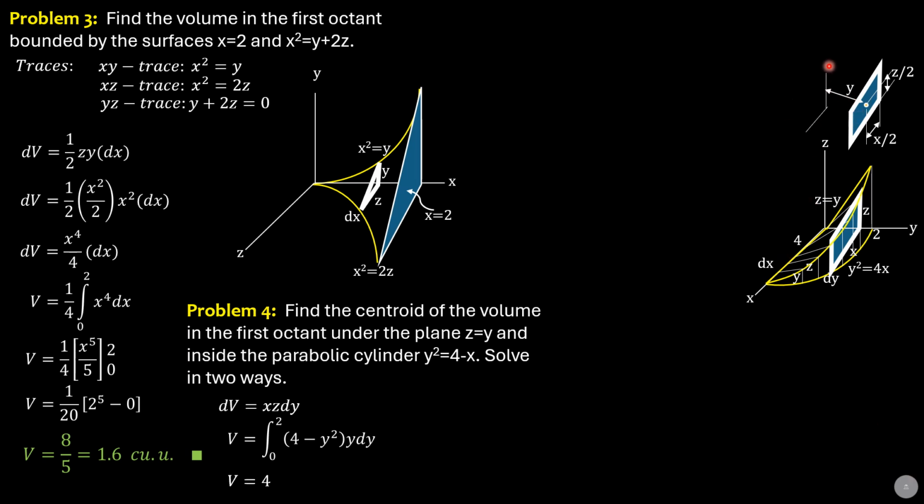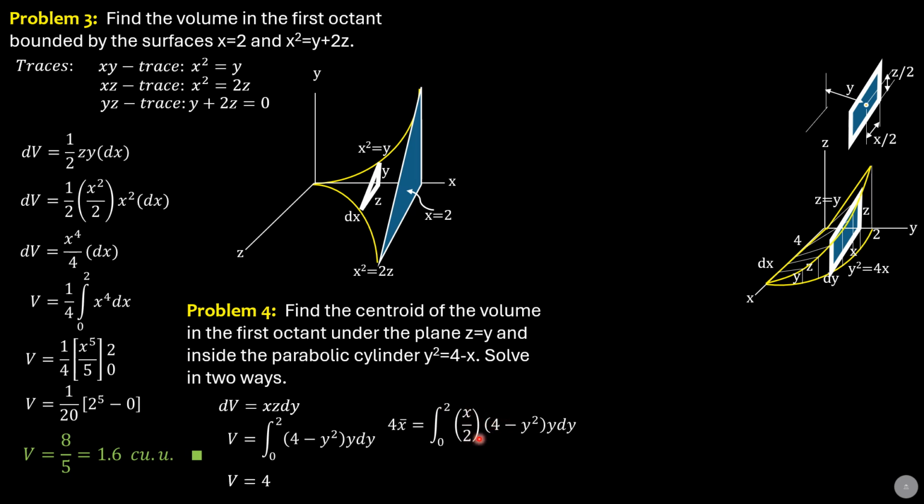Imagine this is the xz plane. So 4 times barred x equals integral of x sub c. Again, x sub c is just x over 2. And dV is this expression here, quantity 4 minus y squared y dy. So 4 barred x equals integral 0 to 2 of x sub c, which is x over 2.